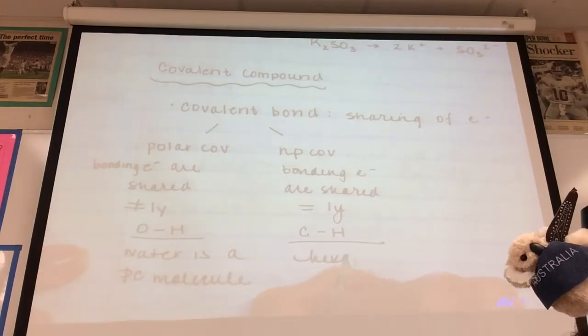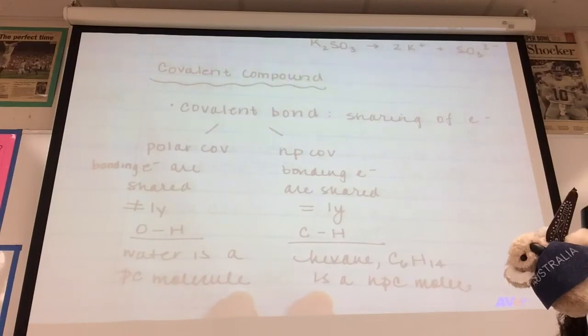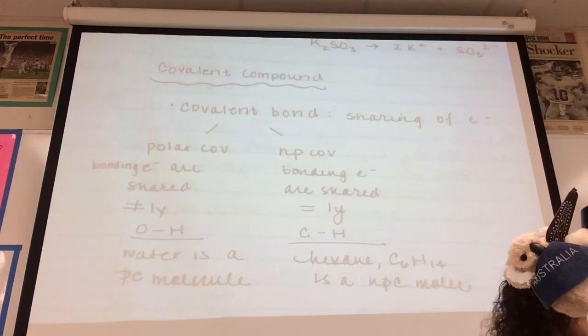For example, hexane, which is C6H14, is a nonpolar covalent molecule. So these two substances are unlikely to dissolve in one another because they're not likes. And that has a lot to do with intermolecular forces. We're not going to go into the intermolecular force reasoning behind this. At your level this year, we'll just go with likes dissolve likes. For those of you interested in pursuing it further, we can talk about why that is.